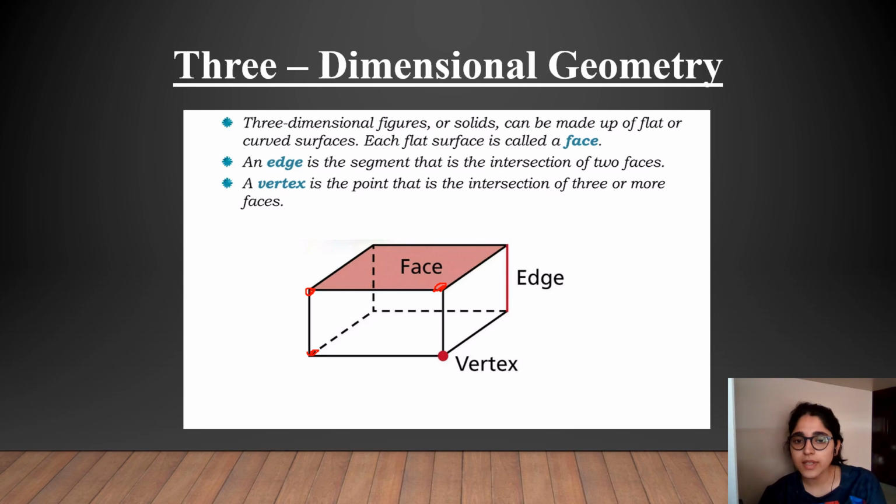These lines that we see, which are the meeting point of two faces, are going to be your edges, and these flat surfaces, like this 1, 2, 3, are going to be our faces. So in three-dimensional geometry, remember the three things we talk about are the faces, the edges and the vertices.